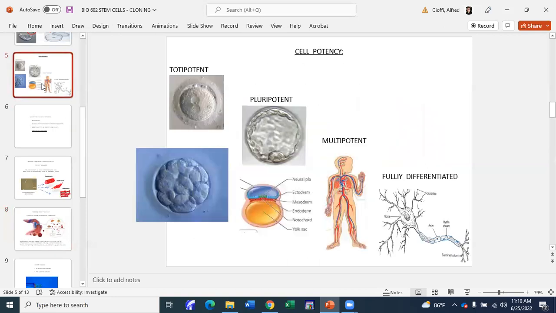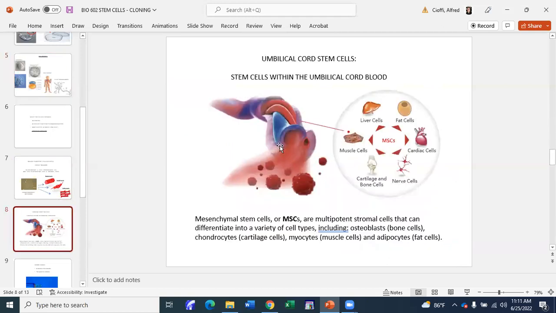So technically, what do you think? Are they multipotent or pluripotent? Remember, pluripotency stops with gastrulation, okay? So definitely they are multipotent. In fact, they come from the bloodstream of the embryo. So they're part of the circulatory system.